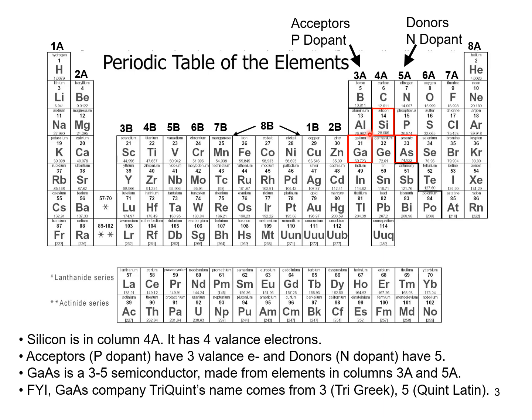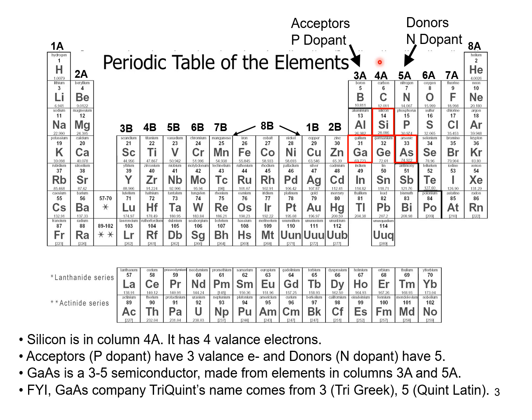Silicon has 4 valence electrons, and it's located in column 4A of the periodic table. And you may recall from your high school chemistry that the magic number of electrons in the outer shell that's stable is 8. The noble gases all have 8 electrons, so they're hard to combine with anything.